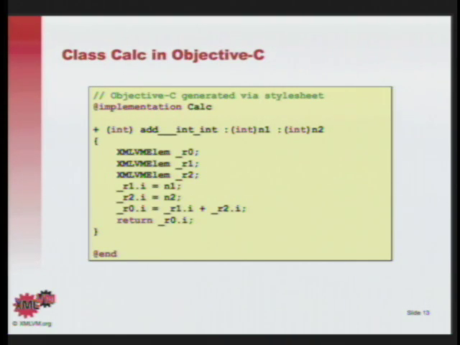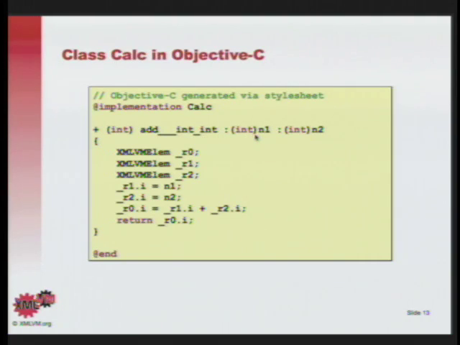And again, you see, of course, the other templates that define all these registers here. So we have 3 registers. They're all of type XMLVMElem, as I explained before. You can see here the add method. And here you can see we're actually using name mangling to cope with this problem that Objective-C does not allow overloading.